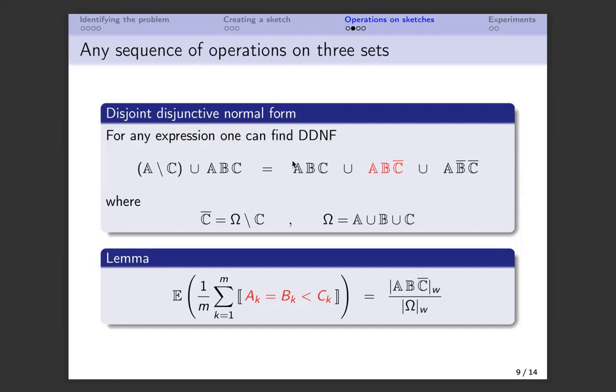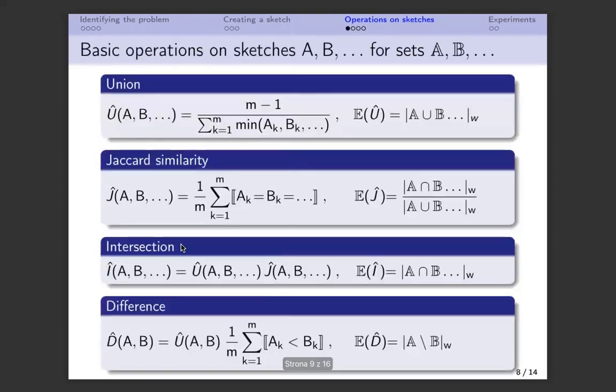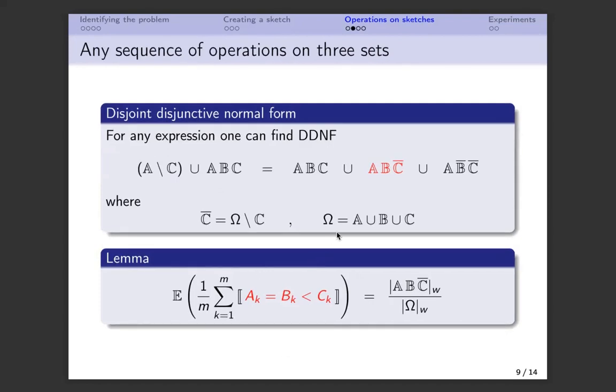So let us consider a simple example in which we have a union of 3 intersections. If there is no set complement in the intersection, then we can use the basic intersection estimator. Okay, so this estimator. Assume now that we have a complement of a set C. Then we show that by counting the positions where sketches A and B are equal and smaller than C, we get an unbiased estimator for the intersection.